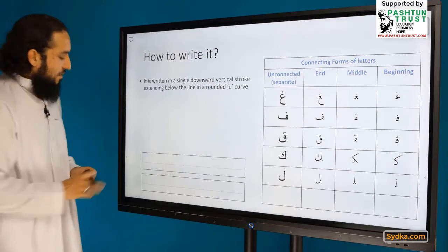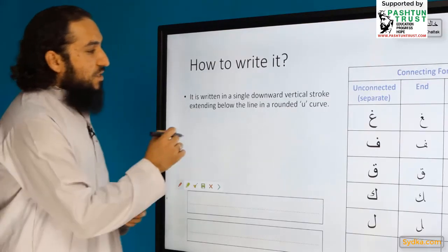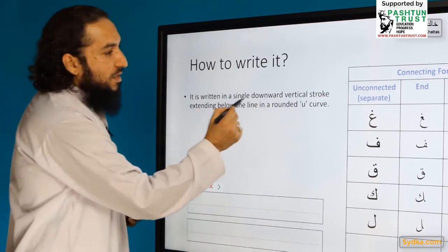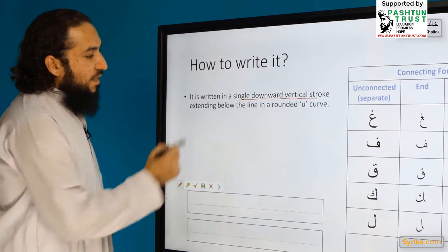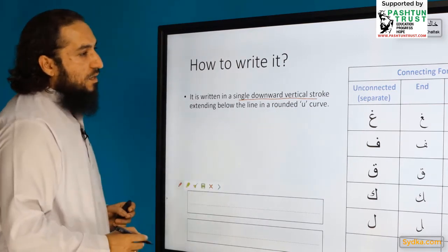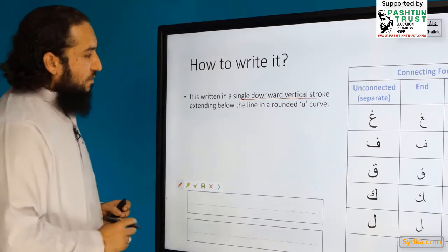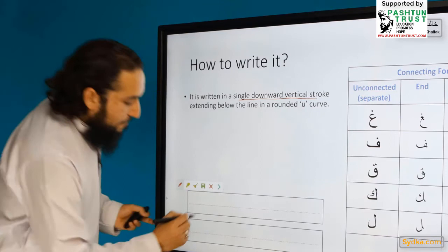How to write it? Let me explain that. It is written in a single downward vertical stroke extending below the line in a rounded L shape. So it is written like this.